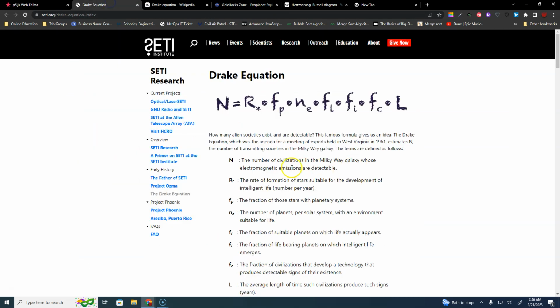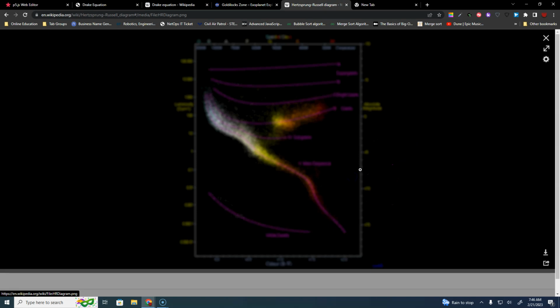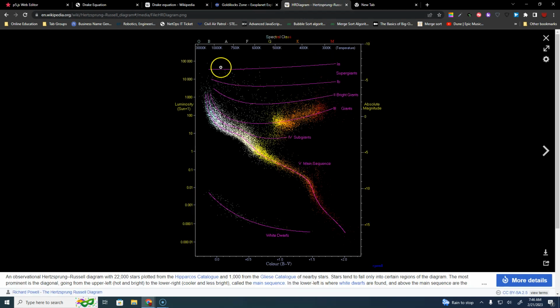Now, what do they mean suitable for development of intelligent life? Now, if we look at the HR diagram, the Hertzsprung-Russell diagram, this is supposed to be the life cycle of a star. We are in the main sequence. We're right around here at 1 for our sun. That's the luminosity of a sun, the brightness of our sun.